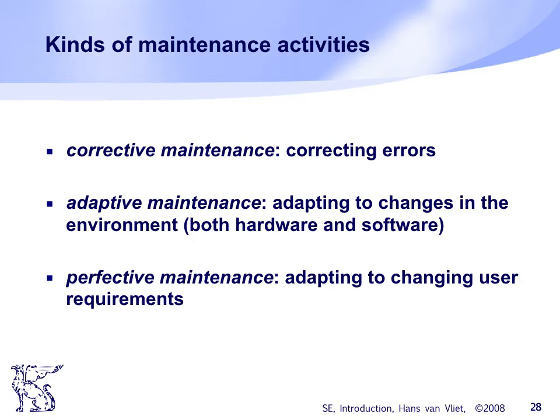And another one, preventive maintenance, is increasing the system's future maintainability, such as updating the documentation, adding comments, or improving the modular structure of a system. These are examples of preventive maintenance activities.